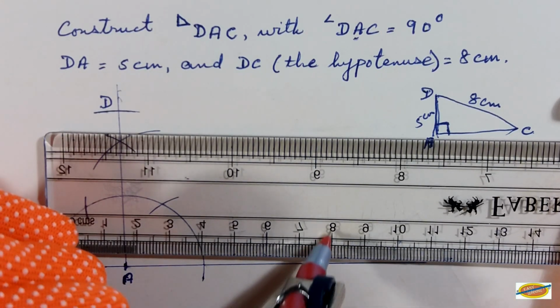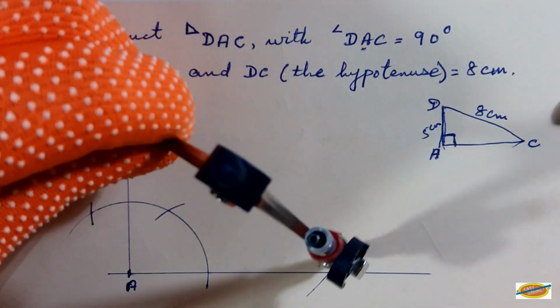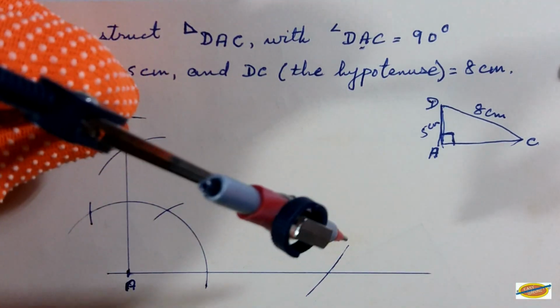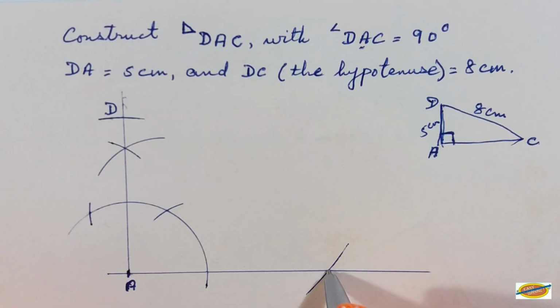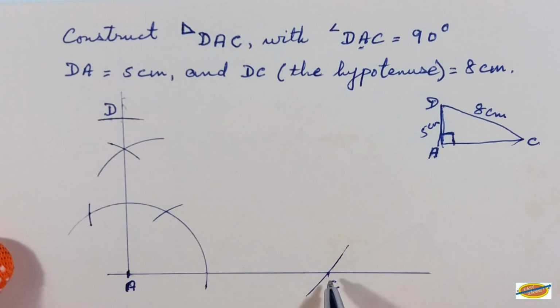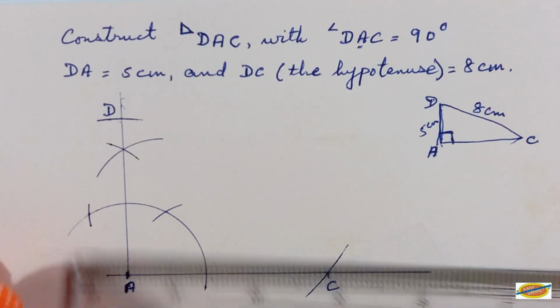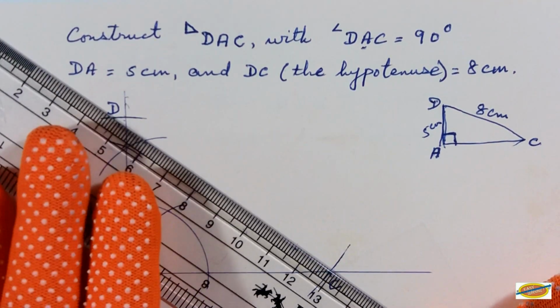So we measure 8 centimeters, and from D, mark on this base like that, so that this point here is now C. All we need to do is draw a bold line from D to C, bold A to C, and A to D, and we would have constructed this triangle. So let's finish that.